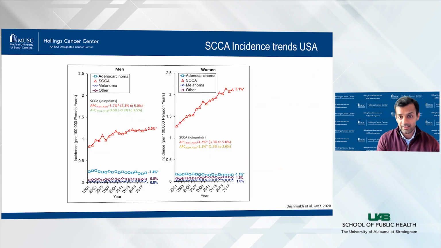In the United States, anal cancer, particularly HPV-associated anal cancer, squamous cell carcinoma of the anus, has increased rapidly, nearly 2% per year among men and nearly 3.1% per year among women. The incidence trends for the other histologies, adenocarcinoma, melanoma, or other, are either decreasing or stable.